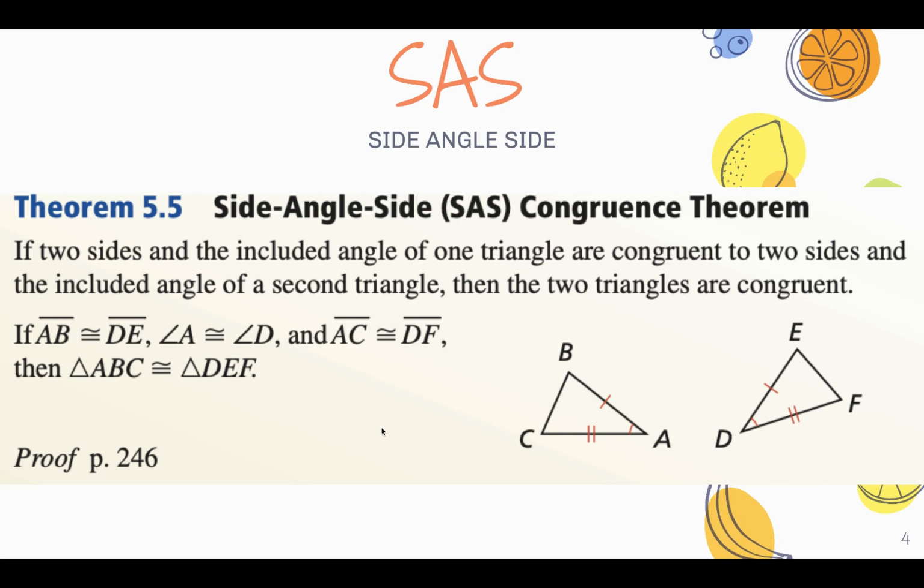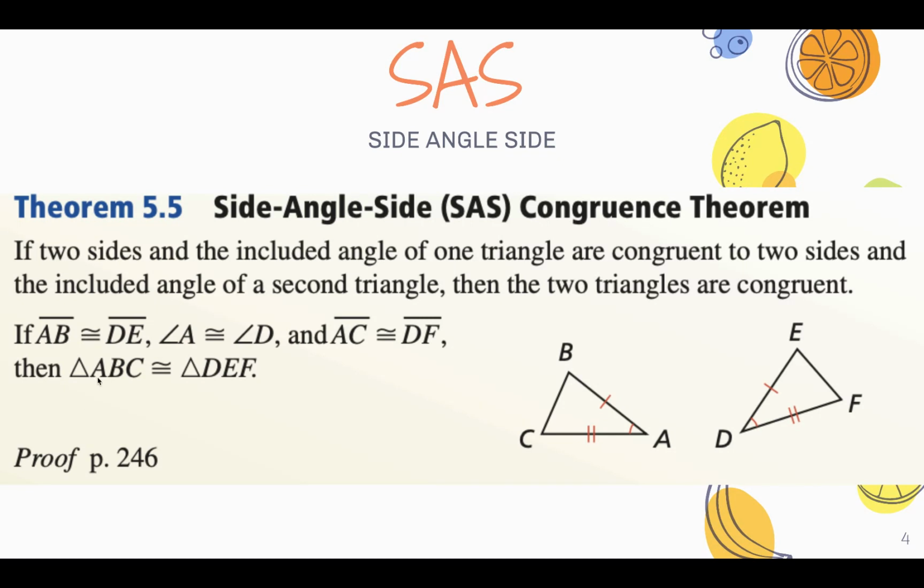Notice this statement. Let's talk about this statement. Triangle ABC is congruent to triangle DEF. What if we were being a little bit hasty and we wrote something like, triangle ABC is congruent to triangle FED? Would that be correct? No, it would not.